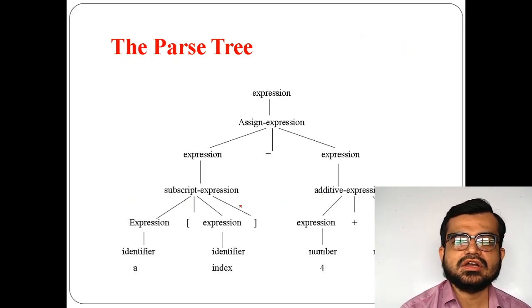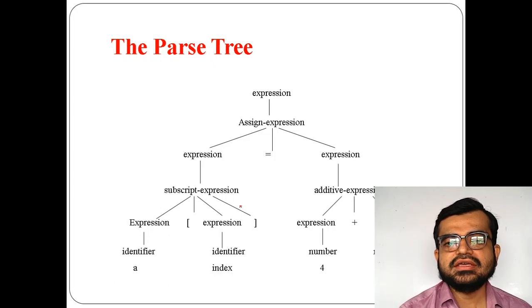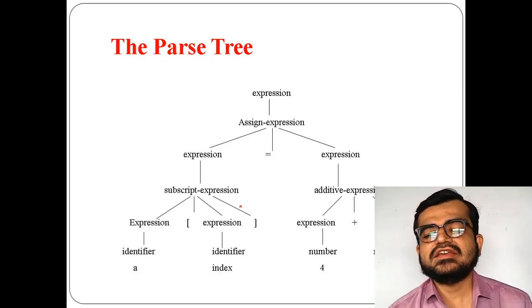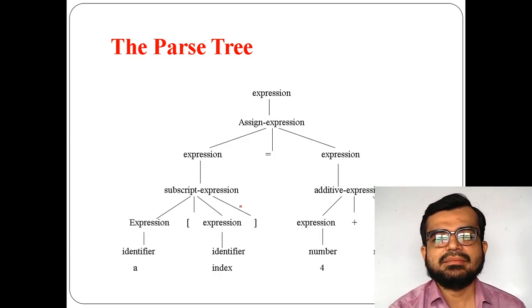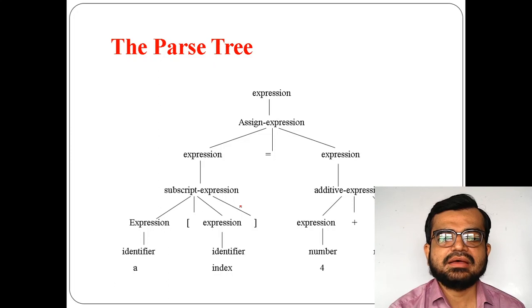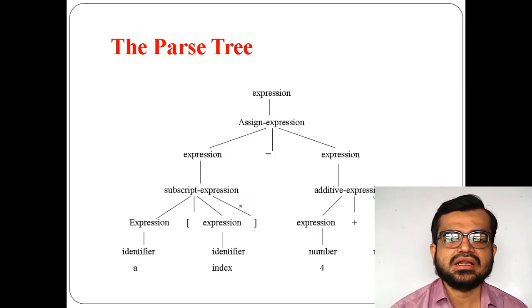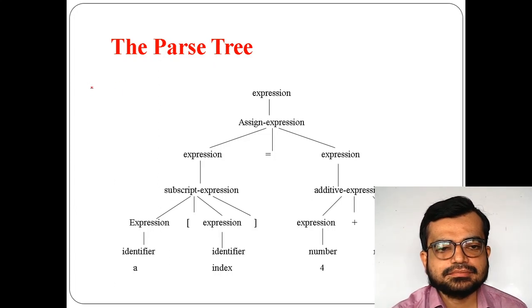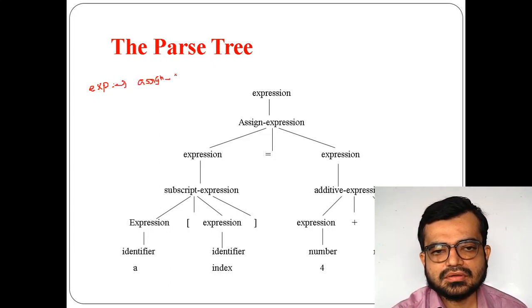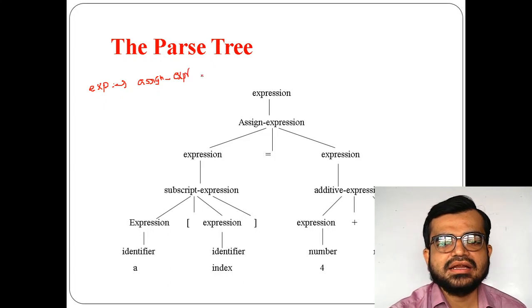First we will see what a parse tree is. Here a parse tree means generally there is one grammar specified, a set of grammar will be given, and we need to verify whether the given expression satisfies the property of that grammar or not. You may have an expression, this is your expression. Expression means assignment expression. This is one grammar, right?